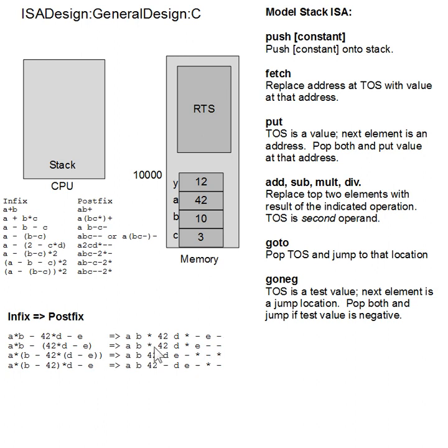Or A B star, 42 D star, and the E immediately subtracted from the 42 times D, and finally all that subtracted from A times B. Or A times B, well, all of this stuff really, B 42 D E, so we get the D minus E, and then the 42 multiplied by the result of D minus E, and the B and all of that subtracted, and then finally the entire result of that parenthesized structure multiplied by A.